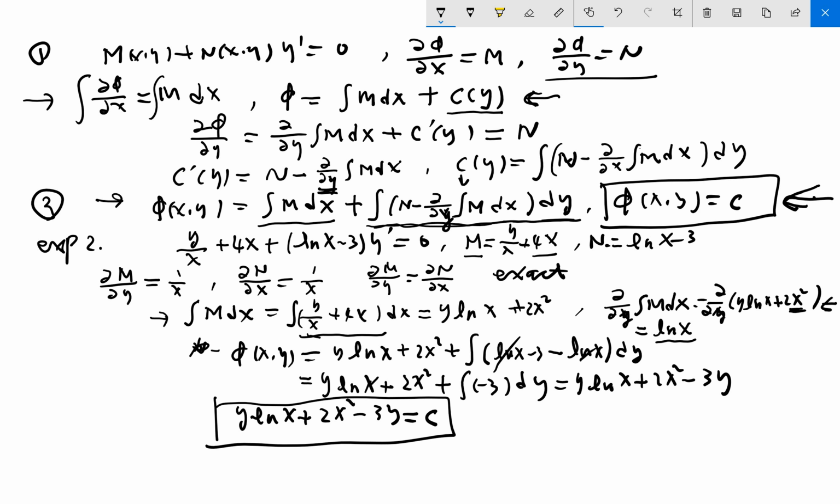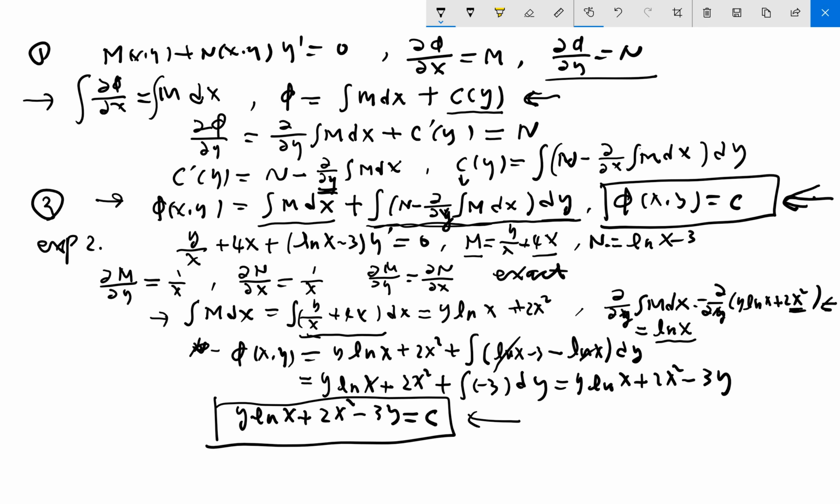Then you substitute everything in equation 3, and we find our phi. Set phi equal to constant. That's the solution for this exact equation. So we answered all the questions. First of all, what is the exact equation? To do that, you have to write your equation in the form of equation 1.